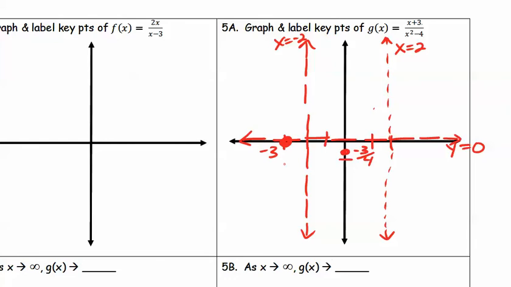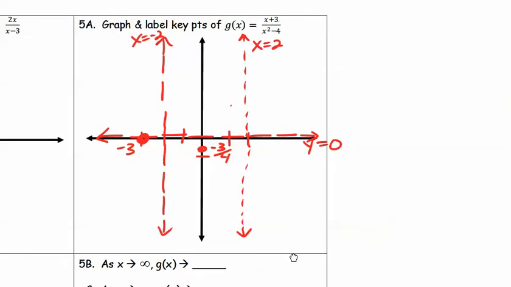Okay, how do we finish this graph? Well, there's where the hard work comes in. We simply have to try some values of x and see what we get for y. And again, I don't care about being extra precise here, just as long as I get the general shape. Okay, so as long as we were just talking about this intercept here at -3, let's see what happens if we pick some values that are negative. So for example, if I picked g of -4, let's see what's happening.